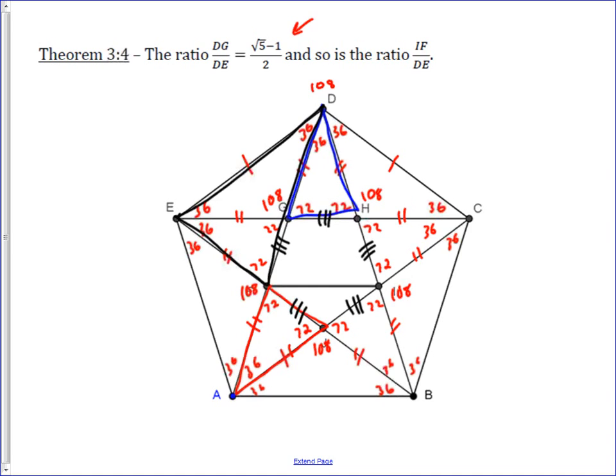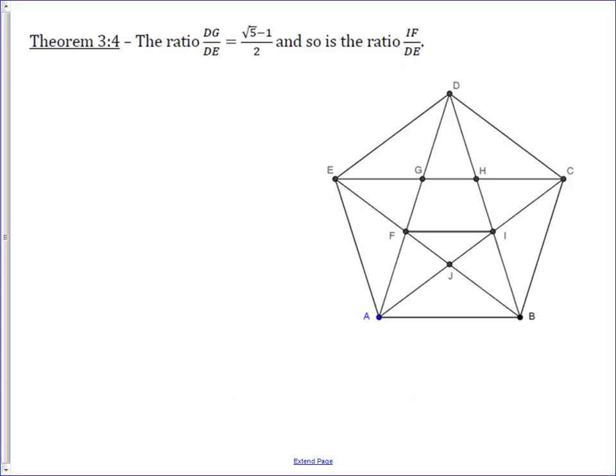Okay, so let's take a little bit cleaner look at this. As we talked about, these are all the same, and so we're going to call all of those X. And then we know this is Y, but we showed in that last screen that this angle is the same as that angle, making EDF an isosceles triangle, which means that D to F is also Y. And so if we want to define GF, we can define GF as Y minus X. We could also define GH as Y minus X, for the same reason.